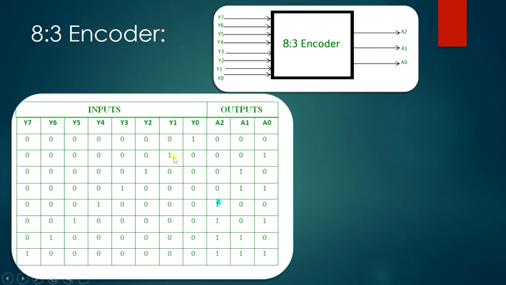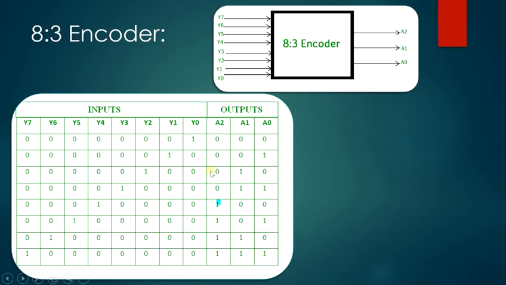When Y1 is equal to 1, the decimal representation for the output is equal to 1. When Y2 is equal to 1, it is equal to 2. When Y3 is equal to 1, it will be equal to 3. Y4, decimal representation of the output is 4. Y5, this is equal to 5. Y6, decimal representation will be 6. Y7, and this representation will be equal to 7.